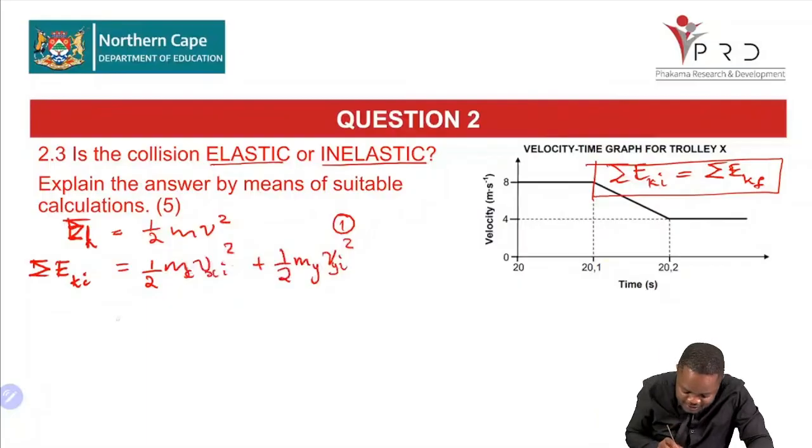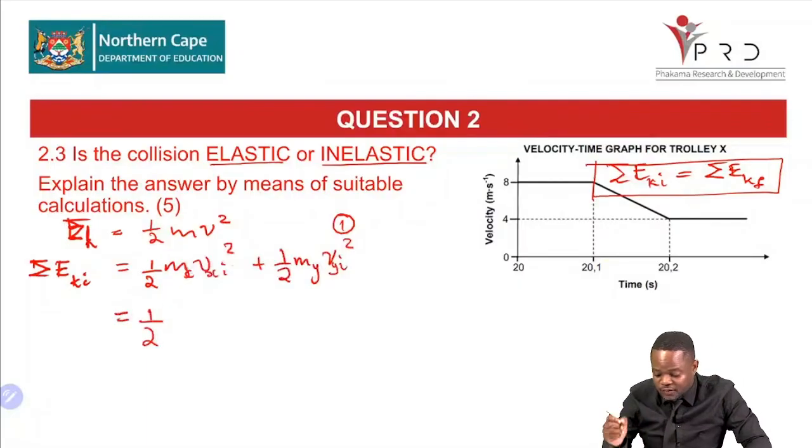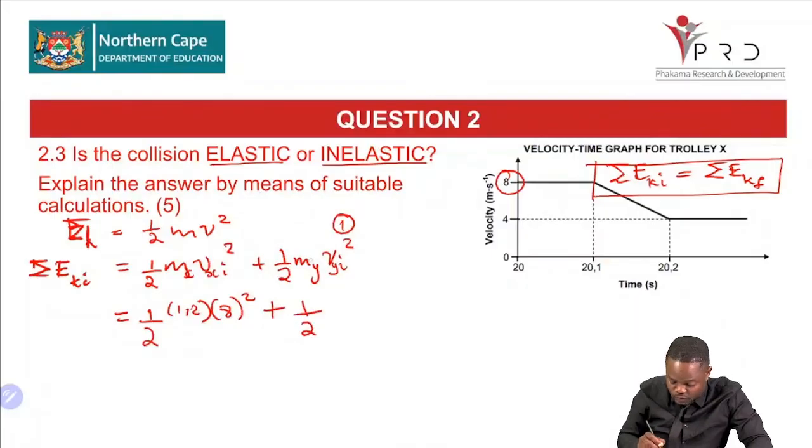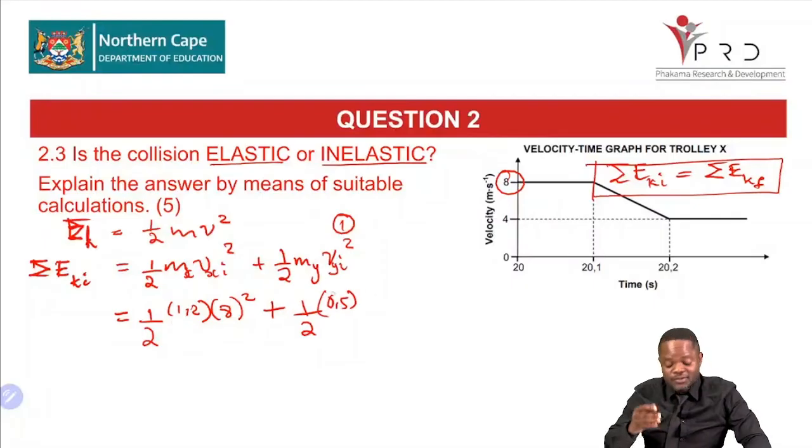Then let us substitute. The mass of our trolley X is what? 1,2 kilograms. And the initial velocity, we have it there, it's 8. Everything is there for you, grade 12. Half the mass of trolley Y. Remember, the mass of our trolley Y is 0,5. And what is the initial velocity of trolley Y?